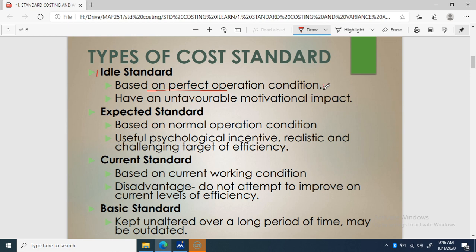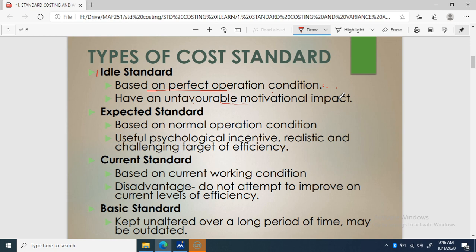Same goes to labor. You estimate one unit of product can be produced within 1 hour without considering whether the labor is new workers or experienced workers. So you base it on perfect operating conditions. But this has an unfavorable motivational impact, especially for new workers who have no experience.